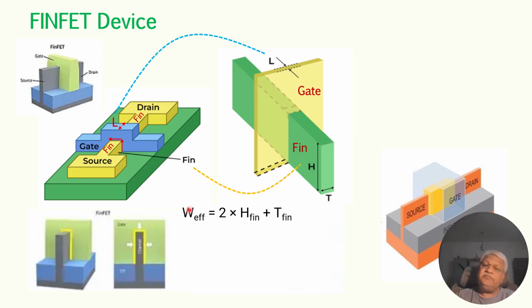That is why, with the dimensions being the same, the effective width is getting increased. As you know, drain current depends upon the width of the device. It is directly proportional, hence you will get a larger current. However, the device leakage current will be reducing. This is the main thing.